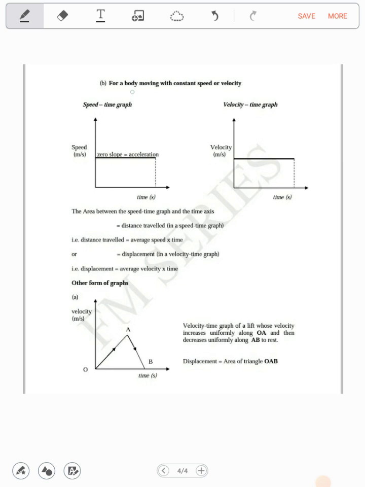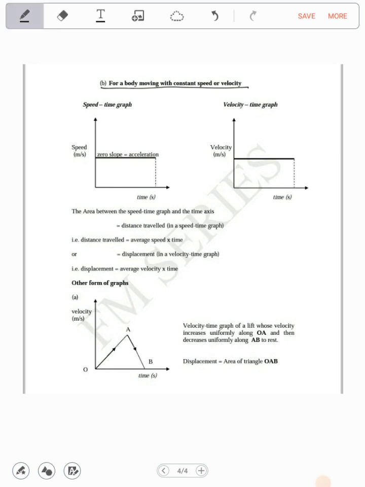Now, for a body moving with constant speed, remember what we discussed. When something is moving at constant speed, it means speed is not changing. The acceleration in this case will be what? Will be zero.